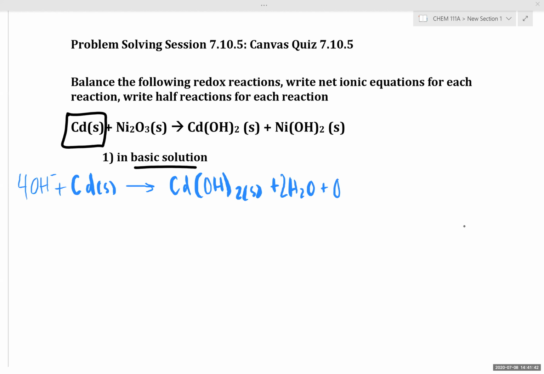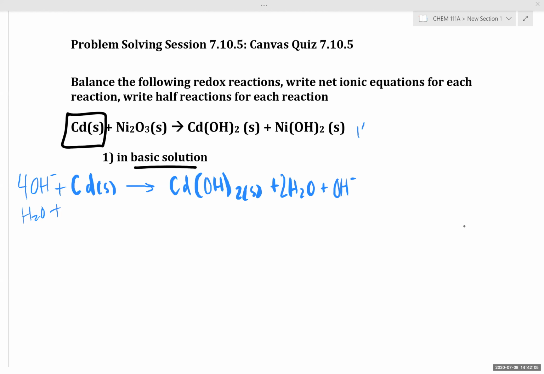Looking at the annotate feature response provided by one of our students, without that additional hydroxide, let me just count really quickly.